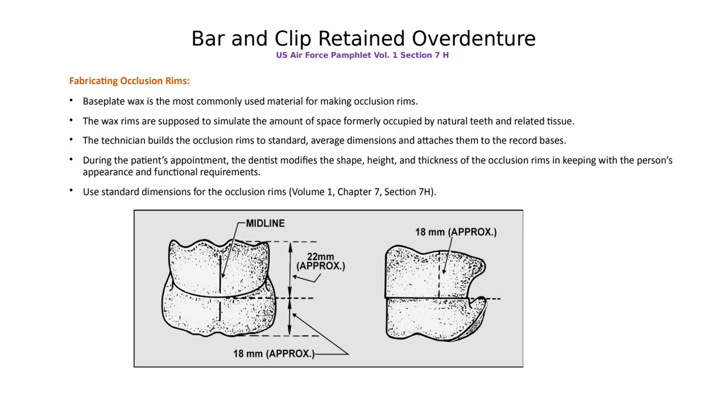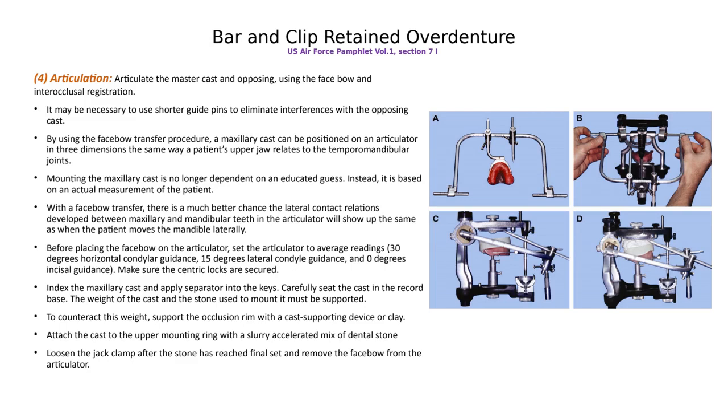So these are the dimensions that we use for the occlusal rim, which are the same for complete dentures and for occlusal rims for implant retained overdentures. How we articulate the case is very critical.